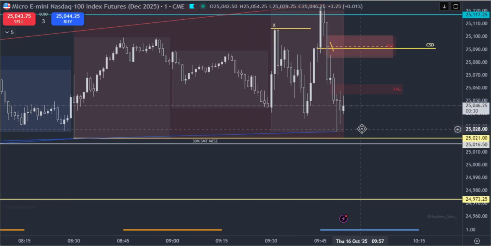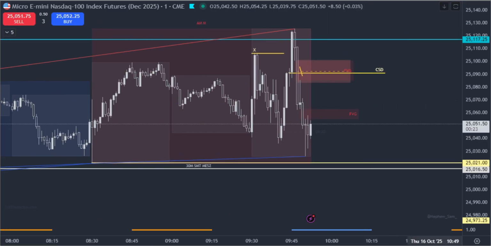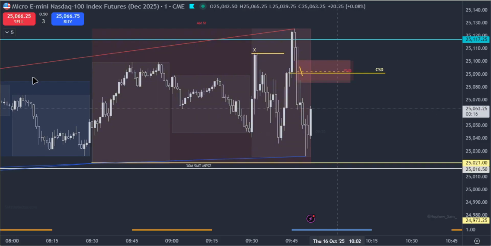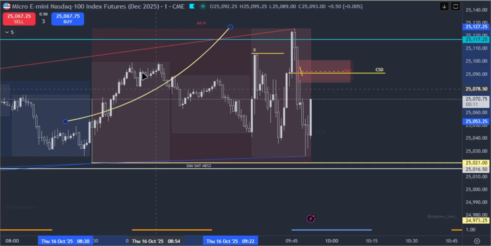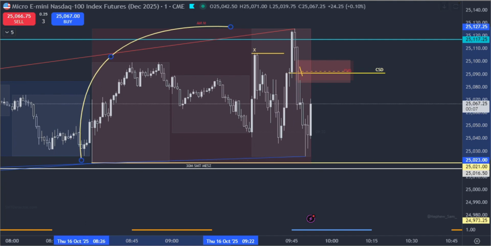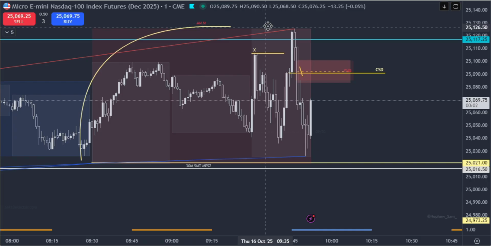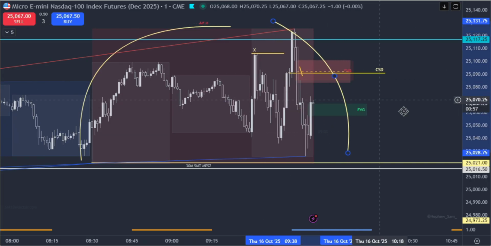We have these daily SMTs, so we have a fractal. We have a fractal market maker model. Let's see. We have your buy side, and your sell side right here, just like that.